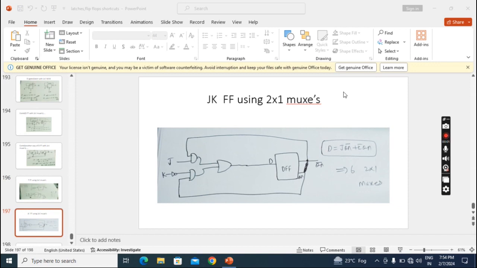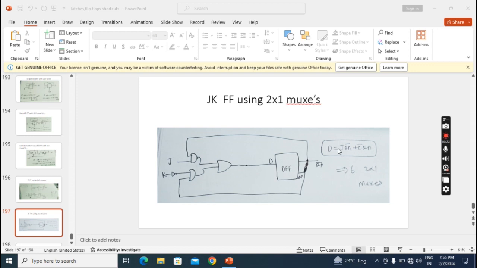In this lecture we'll see how to implement JK flip-flop using 2 by 1 multiplexers. I need 6 2 by 1 multiplexers. The simplest way is, we know how to implement D flip-flop using multiplexers. Take the diagram, and we know how to convert this D flip-flop into JK.